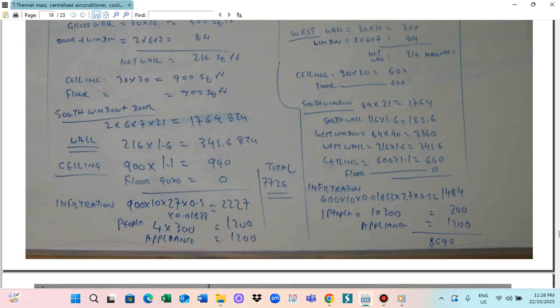West window is 84 multiplied by 40, so we got 3360. West wall is 216 multiplied by 1.6. And ceiling area is 600 multiplied by 1.1. The floor heat transfer is 0. So you add all the things, and this is for the off heat and also the infiltration.